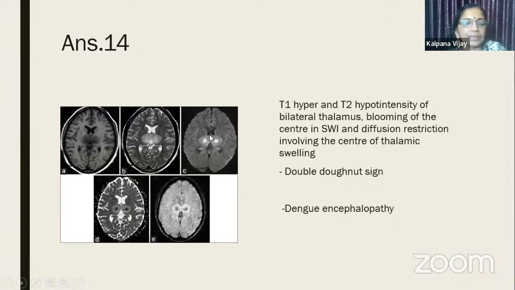That means there is diffusion restriction, which indicates cytotoxic edema. And this one is the SWI image, which shows the central hemorrhage. This much may not be asked of you; I have written it in full, that's all. You may be shown just this double donut sign or something like that.